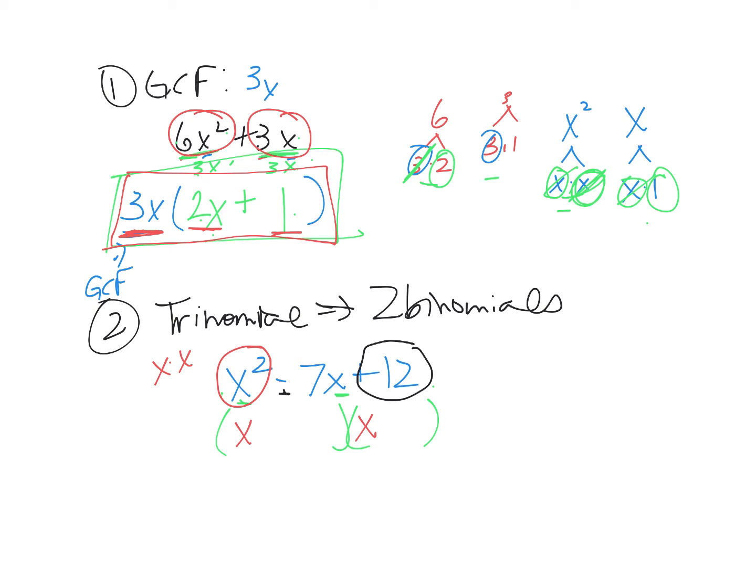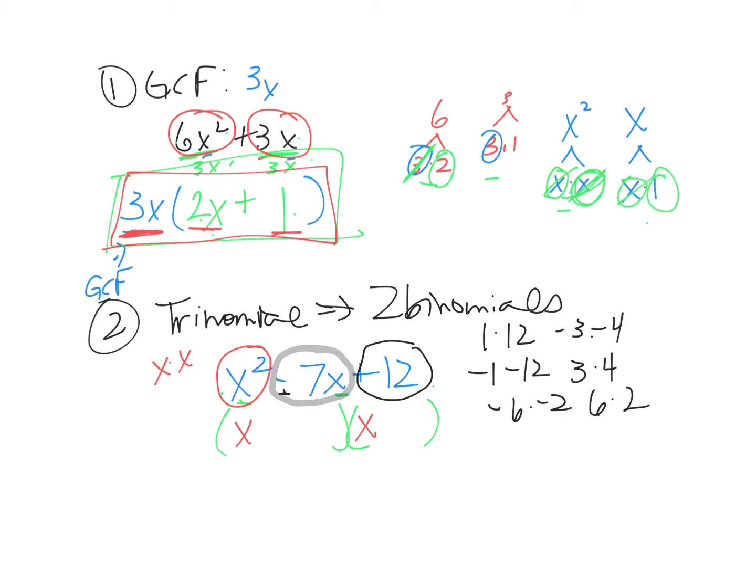So positive 12, well, 12 and 1, negative 1 and negative 12, negative 3 and negative 4, positive 3 and positive 4, negative 6 and negative 2, or positive 6 and positive 2. Now, what I want you to stop and think about is this negative 7 has to play an effect here. So when I look at these terms to get 12, we're going to have to double check our middle term.